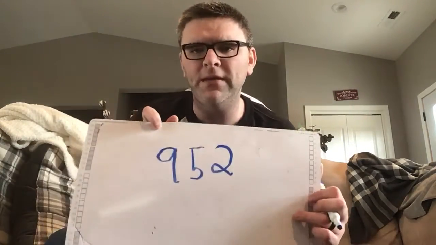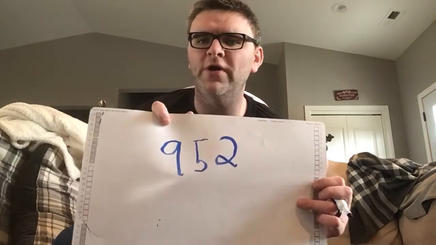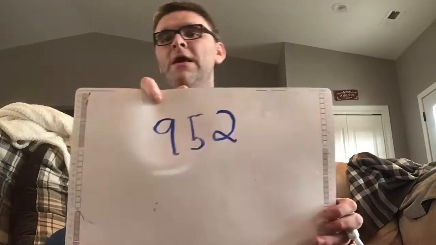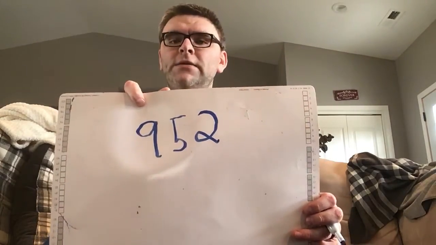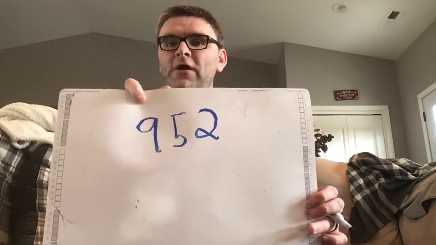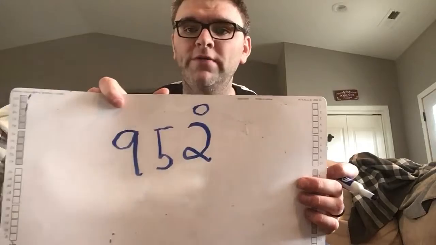So that means, and I believe we do know this, I just want to make sure I show you. If we have this number, 952, sorry about that, second and third graders, that means we've got three place values. We've got a ones place value, which I'll put an O for 1 in front of the 2, because that's in our ones.